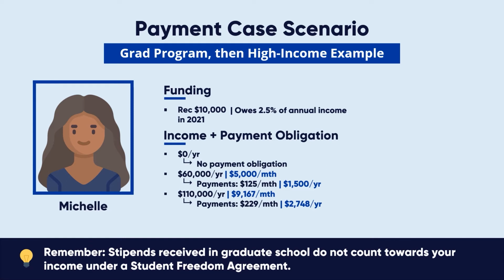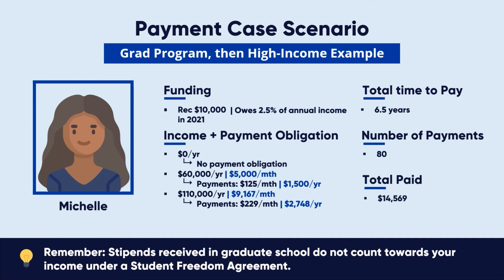In this situation, where she started out making nothing in grad school and quickly went from low to moderate to high income, Michelle went from making no payments to higher income contingent payments on her Student Freedom Agreement. In this case, it takes Michelle about 6.5 years of payments to reduce the termination amount to $0. In total, she ends up paying $14,569. Here's one last example.